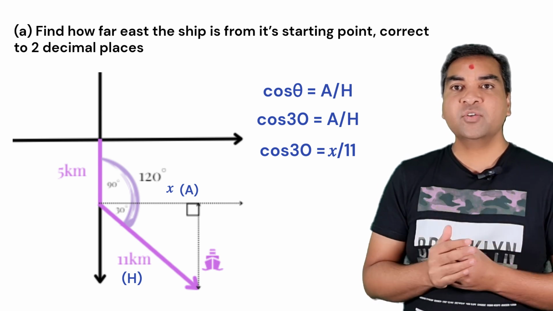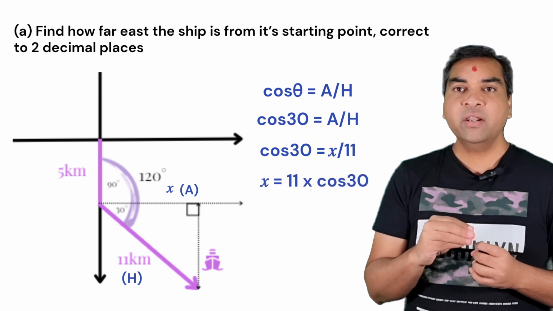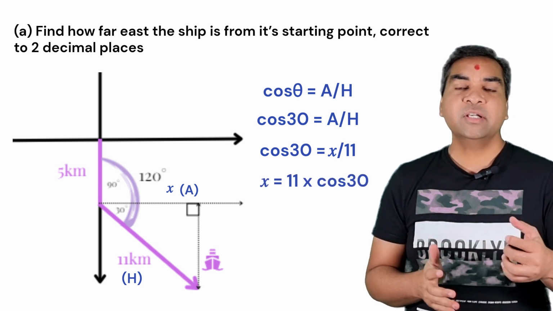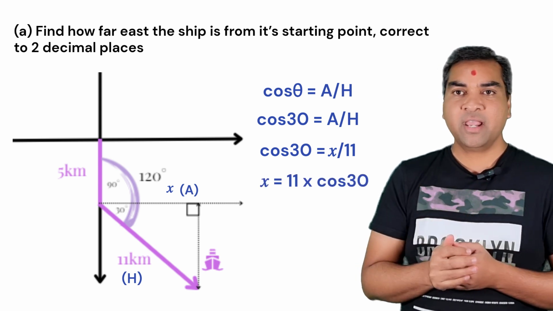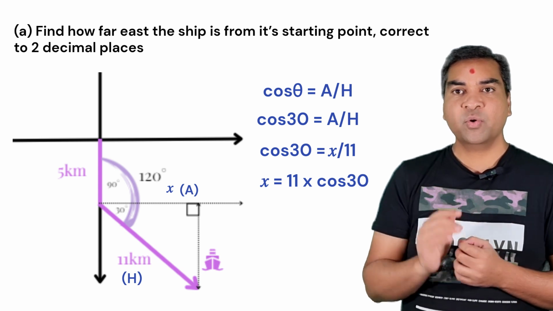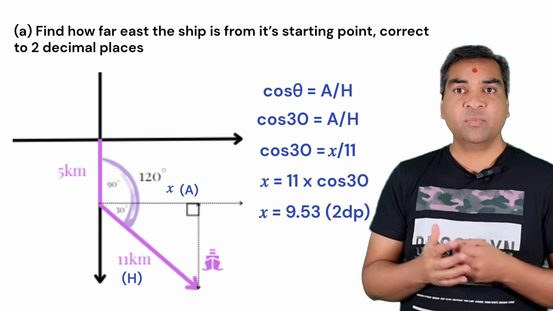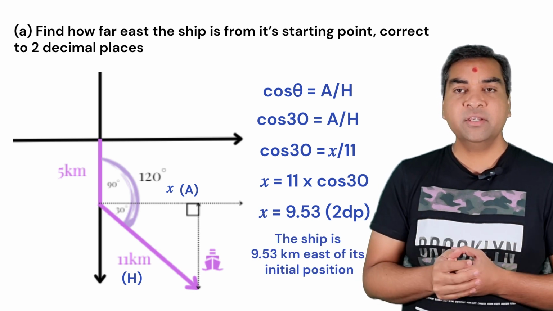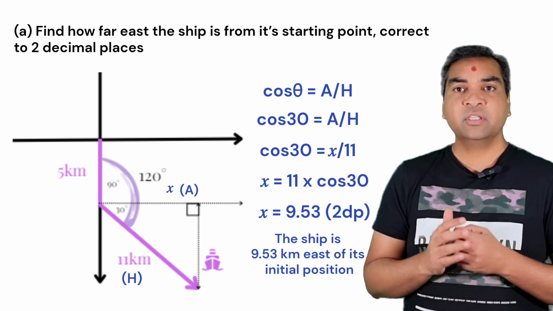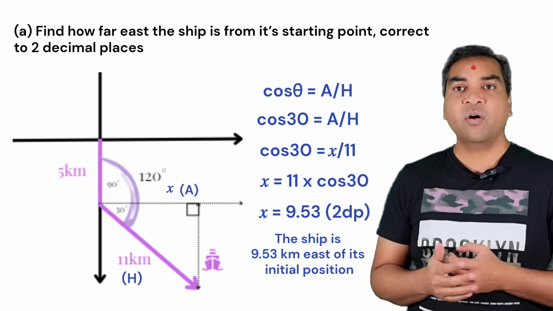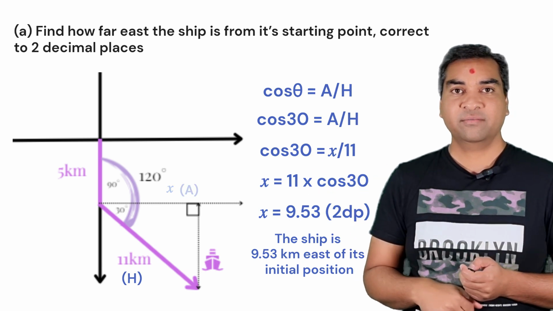So my x is going to be 11 multiplied by cos 30. You can put it in a calculator nicely, 11 multiplied by cos 30, which comes to 9.53 to 2 decimal places. So the ship is 9.53 kilometer east of its initial position.